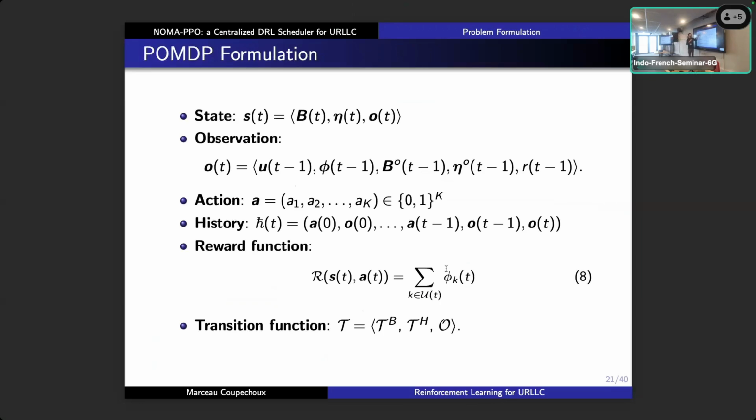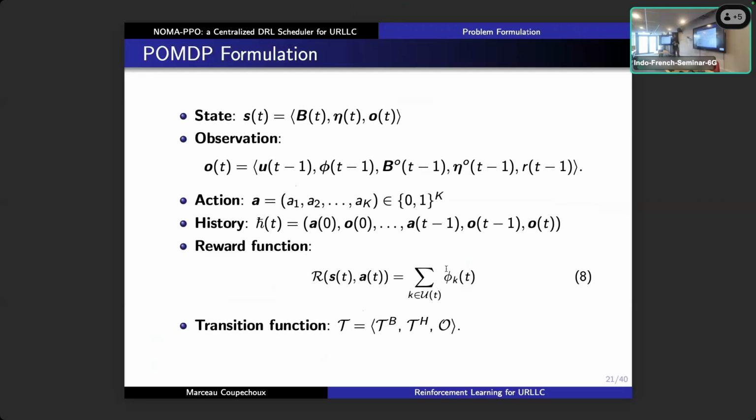We have a state. The state is made of the buffer, the receive power, and the observation. What is the observation? It's the polling decision you have taken at time t-1, the packets you have managed to successfully decode at t-1, the observed buffer at t-1, the observed channels at t-1, and the reward.